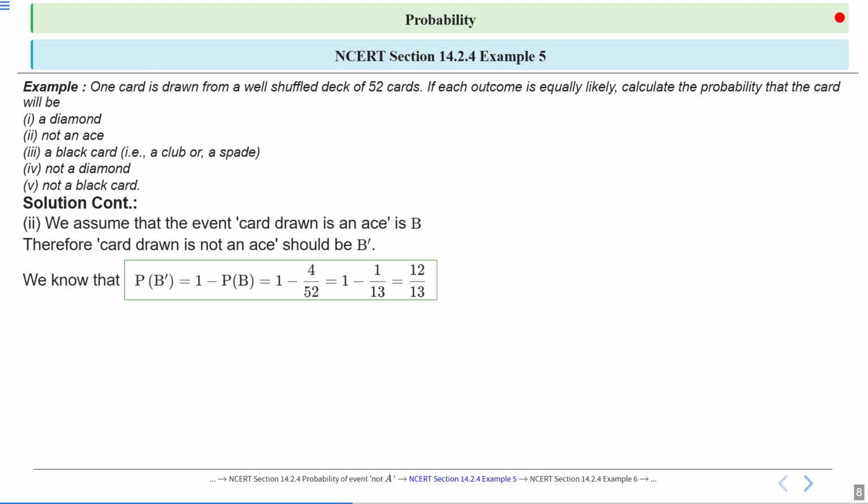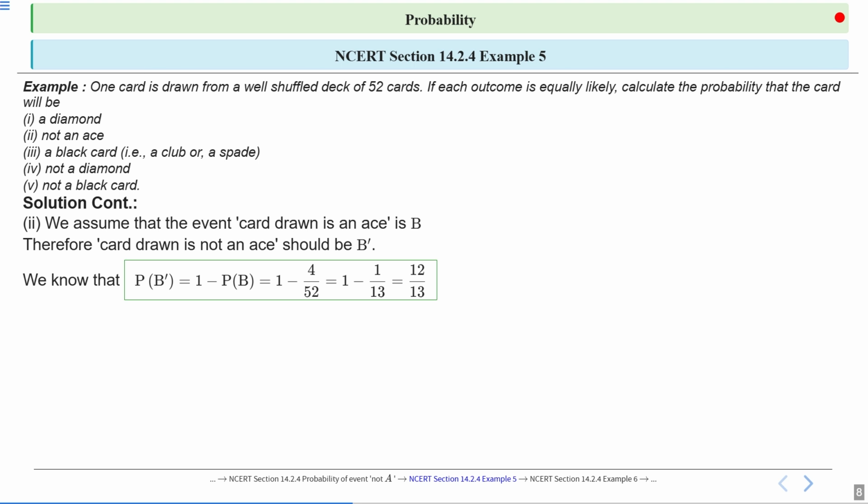And we know that probability of B complement is equal to 1 minus probability of B. Here you can easily find probability of B. So what is probability of B? Probability of B is nothing but the number of elements in set B divided by the number of total outcomes. The number of ace cards in a shuffled deck of 52 cards is 4, sorry, so the number of elements inside B is 4.